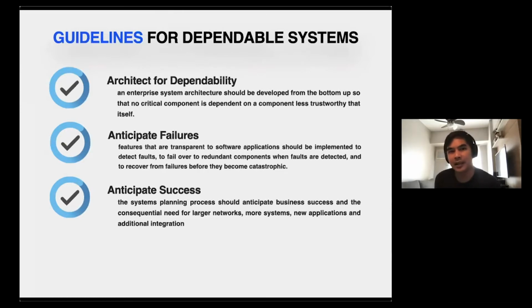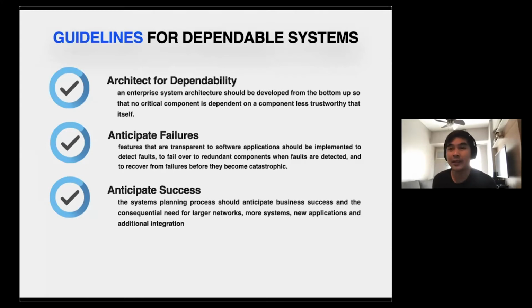So pag sinabi nating architect for dependability, we consider the needs of our clients and we develop the system from the bottom upward. For example, our Lady of Fatima University, we need a learning management system. So we first take a look at what should be the primary needs of our students. Then from that, we chose our learning management system, a system that we can depend on.